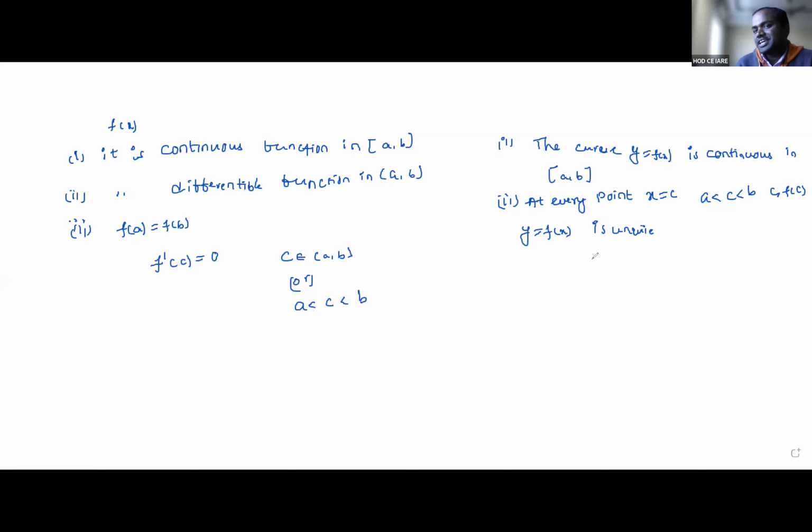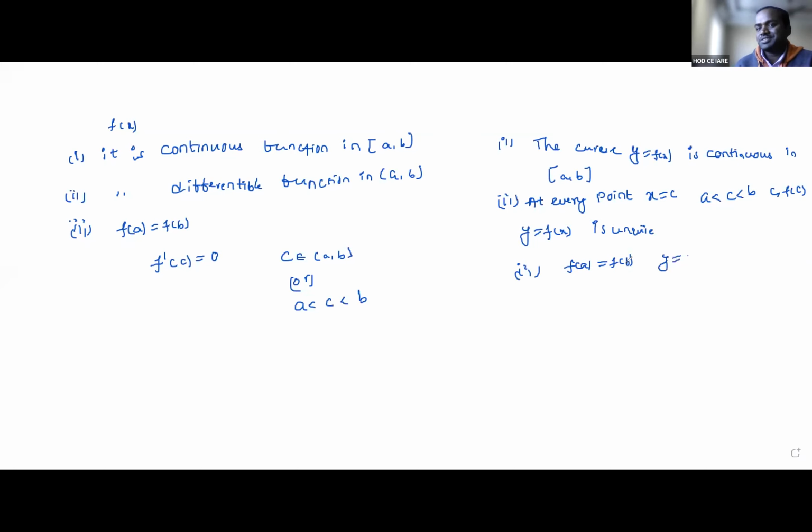F of a is equal to f of b. These are the two endpoints of the curve y is equal to f of x, corresponding to x is equal to a and x is equal to b.